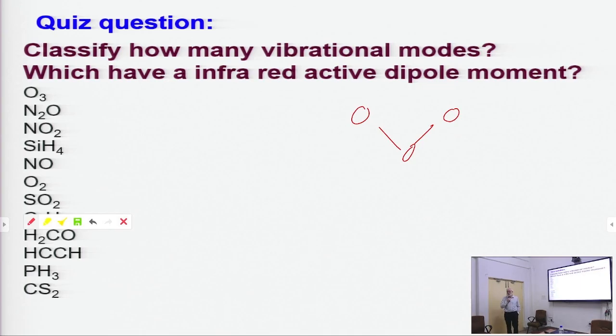Yep. So it has 2 infrared active modes actually, bending and the asymmetric stretch are infrared active. N2O, that's a linear molecule. Any ideas what that's got?